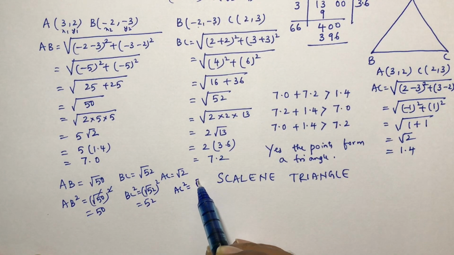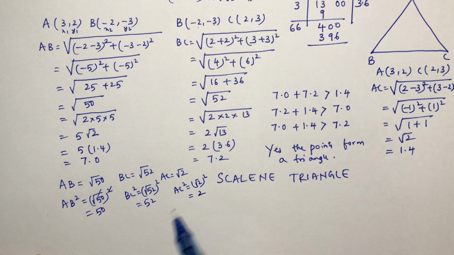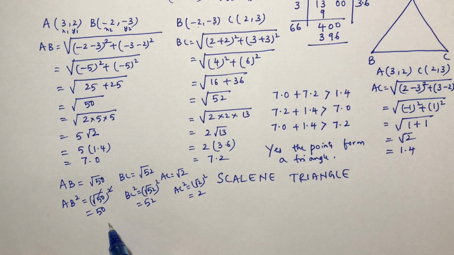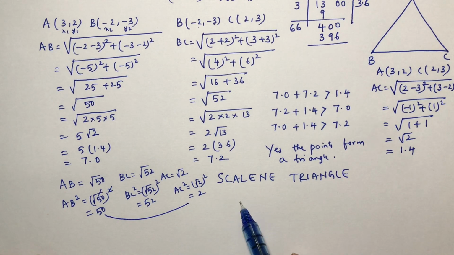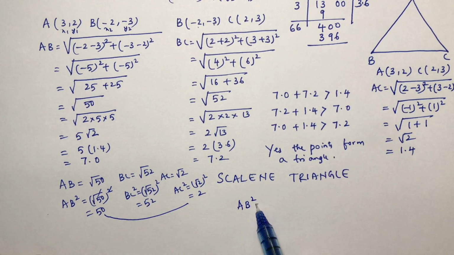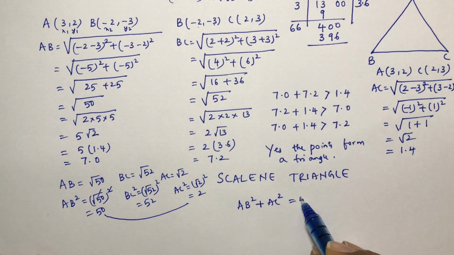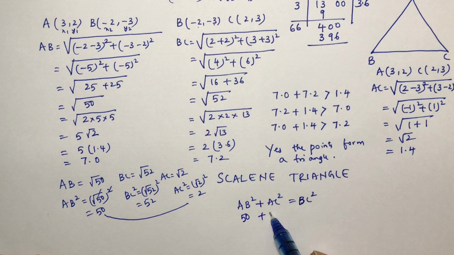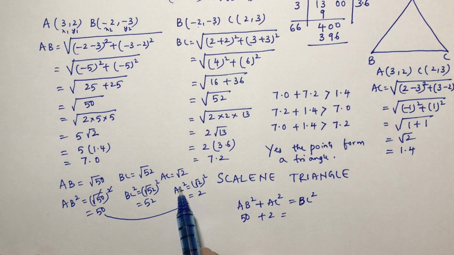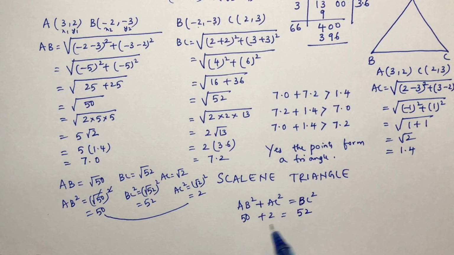AC square, root 2 whole square, is 2. So if I add these two, AB square plus AC square equals BC square. Check, this is 50, this is 2, and it is 52.